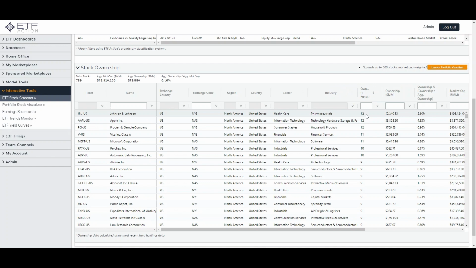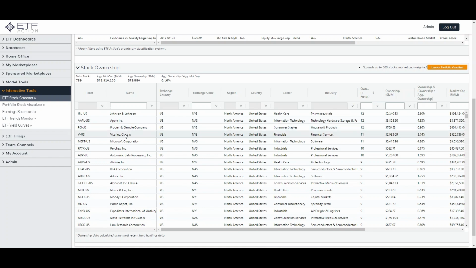There are 3 stocks that are found in 12 of those strategies: Johnson & Johnson, Apple, and Procter & Gamble. So those 3 stocks are found in the most strategies, and thus we can assume that they are meeting the highest number of quality characteristic hurdles to fit into those portfolios.